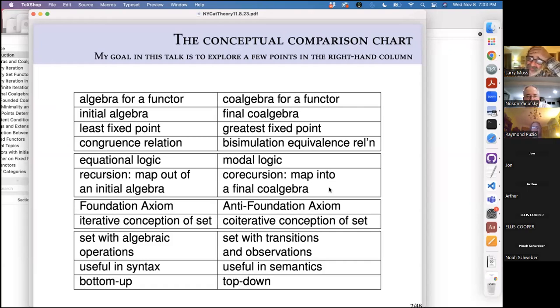So this is a very bird's eye view of the whole subject that I'm dealing with here. On the left, we have various algebraic concepts. And on the right, there's something of the coalgebraic, or the dual in some sense, flavor. And there's a whole systematic set of concepts.